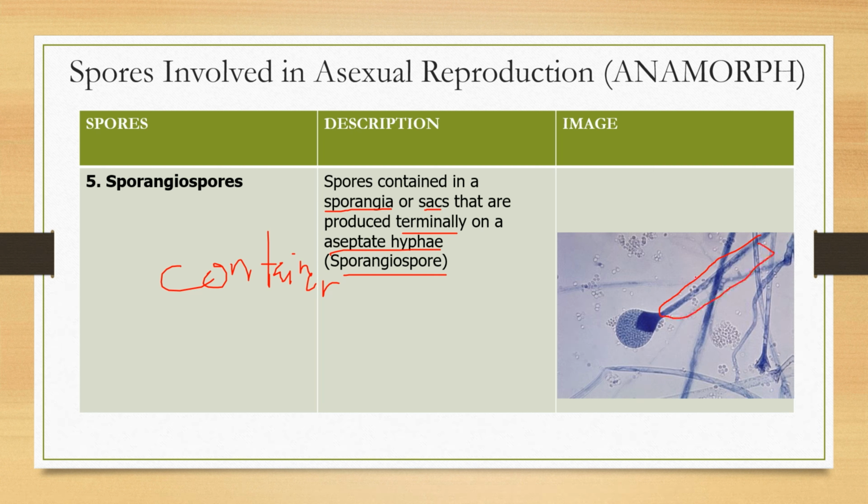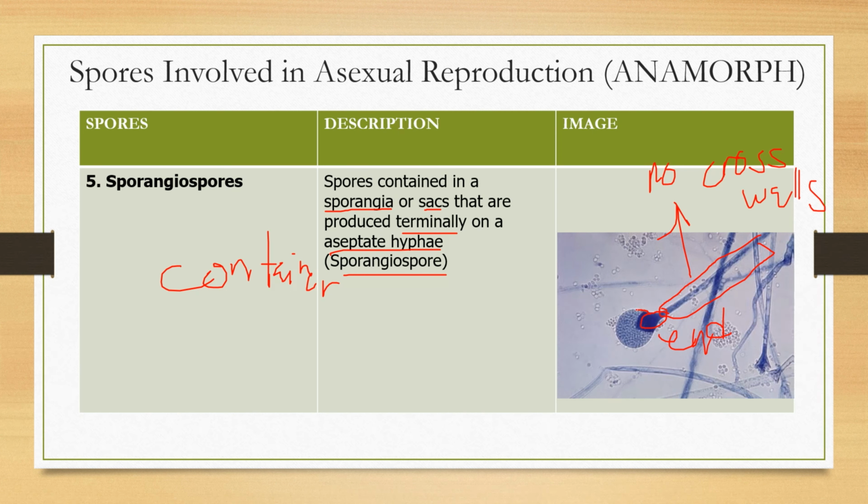If you take a look at the hyphae, there are no cross walls. And then it is produced terminally, so at the end. And there would be a sac-like sporangia.